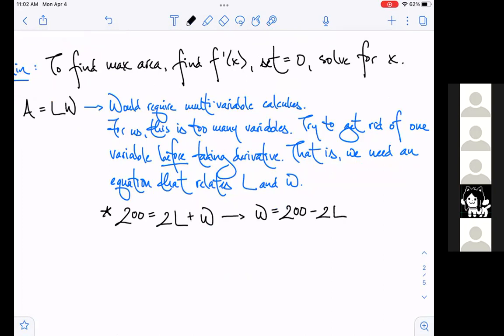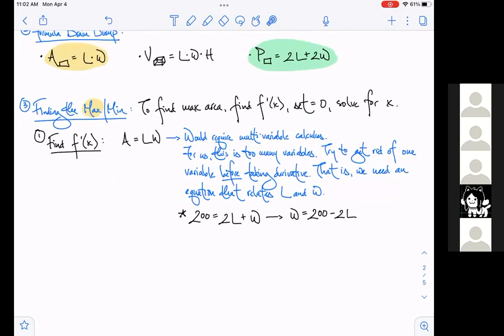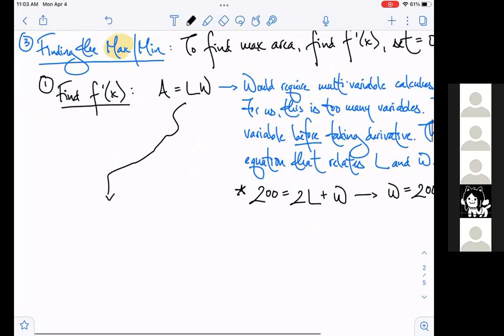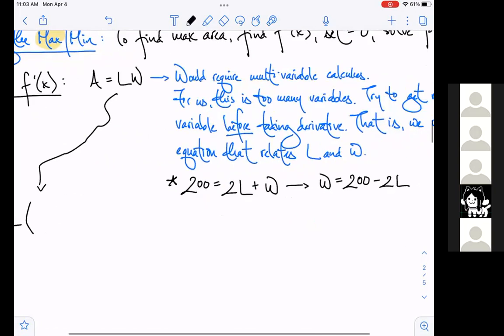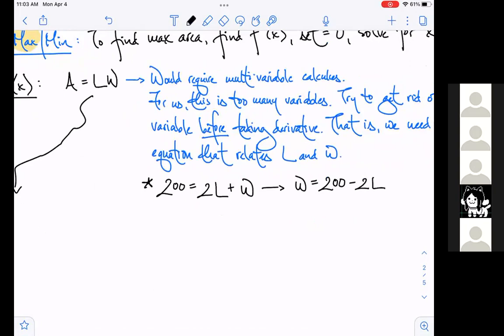So everywhere I see a W, I could just say it's the same thing as 200 minus 2 length, right? W can be replaced by 200 minus 2L. Well, let's try that for our equation here. Okay. Area equals length times width, but instead of writing width, I'm going to write 200 minus 2L.